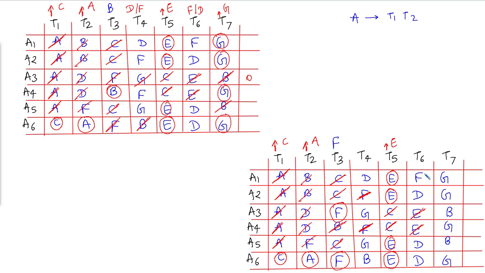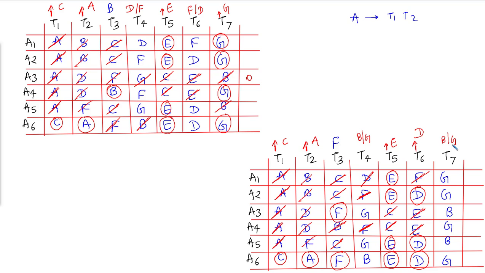So terrorist 6 is going to be D. As terrorist 6 is D, D cannot be terrorist 4, so terrorist 4 is going to be either B or G. Terrorist 7 is going to be either B or G. So in the second situation, we cannot conclude the number of answers for any of the agents.